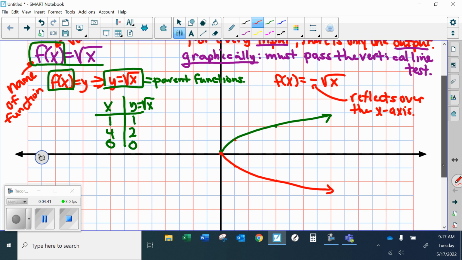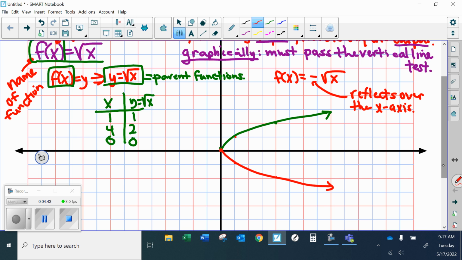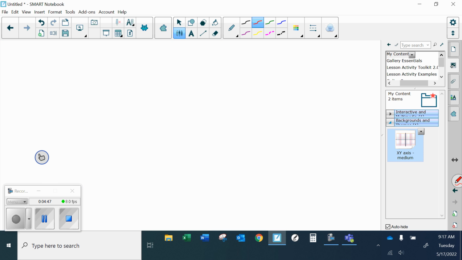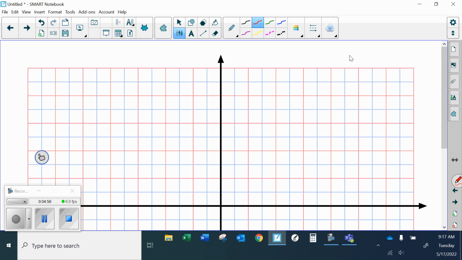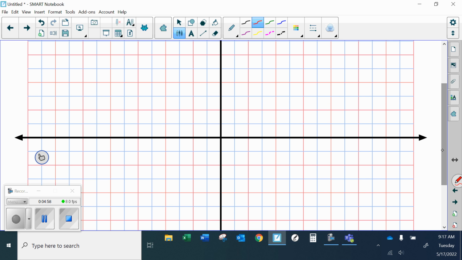Now I'm going to go ahead and go to the next page and start with the parent function again. There we go. So we've got (0, 0), (1, 1), (4, 2). That's my parent function every time. We already did the reflection over the x-axis.